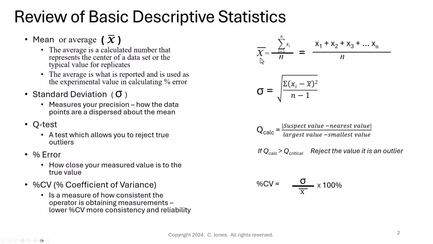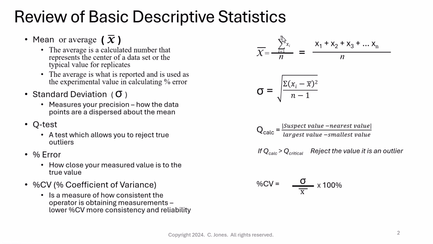So the average is calculated by the sum. This sideways W is actually a capital sigma, which just means the sum of, or add together. So we're adding all of the different measurements together from the first measurement to the nth or last measurement, and we're dividing that sum by the total number of measurements. So this n in the denominator is the same as the n at the top of the sigma.